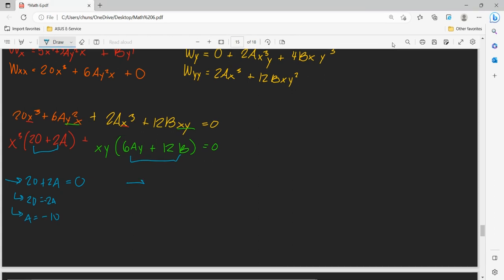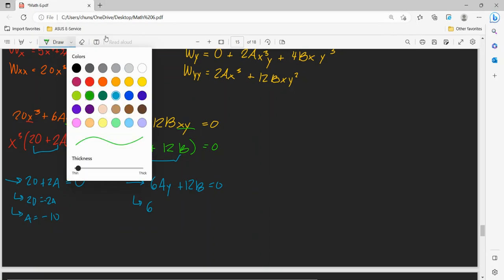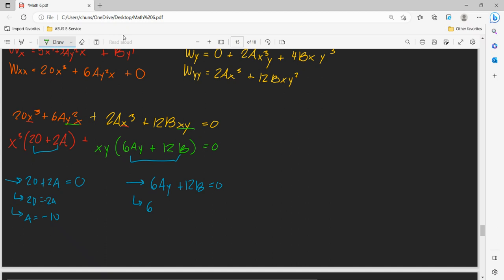Okay, and now when we deal with our second one, we can plug our value for a to find b. So this is 6, and our a was... sorry, made a mistake. This is y squared, because there's still this y squared here. I forgot to write that down. Okay, sorry.